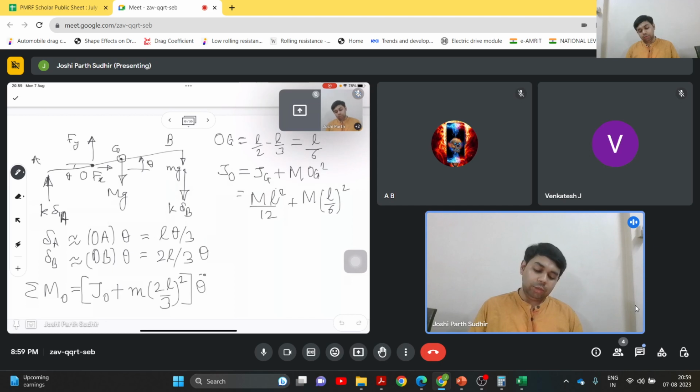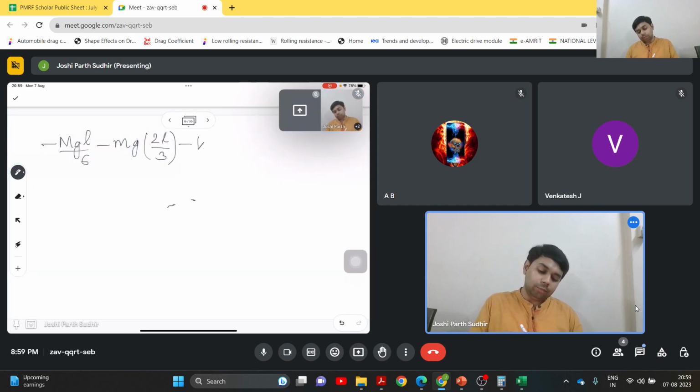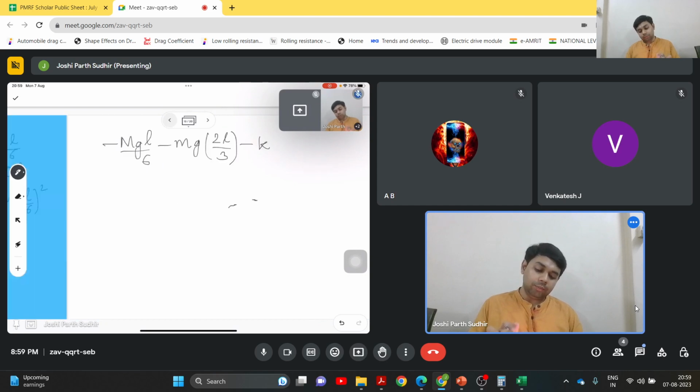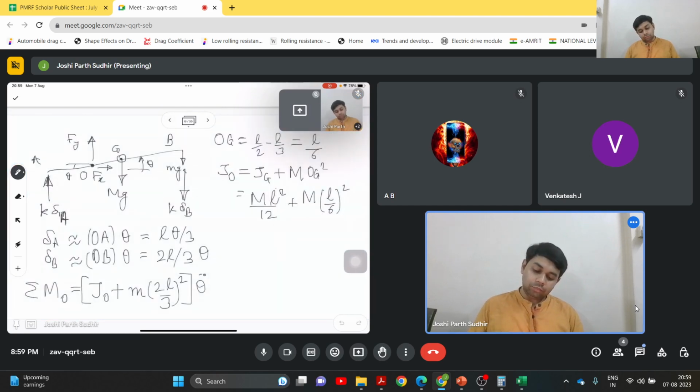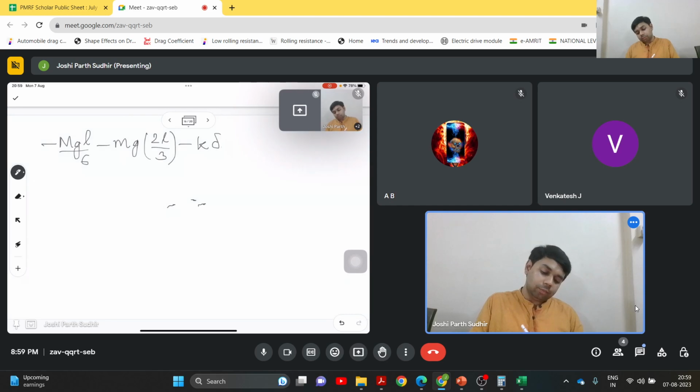The spring force k delta B is also a clockwise moment, so it is k delta B, at a distance of 2L by 3 again.